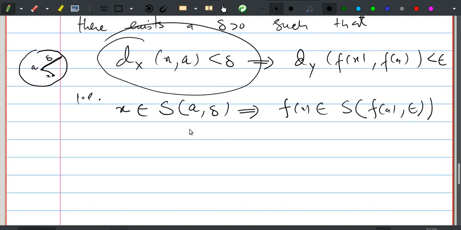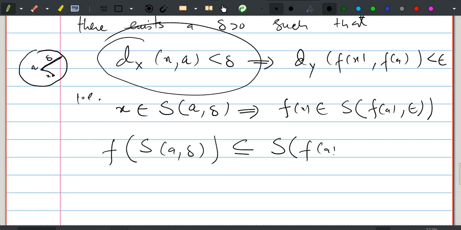In other words, the f image of this open ball centered at a and radius delta must be a subset of the open ball centered at f of a and radius epsilon.